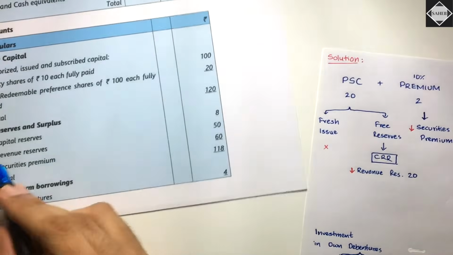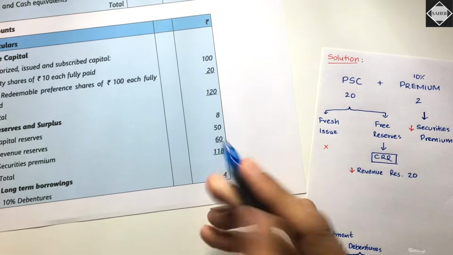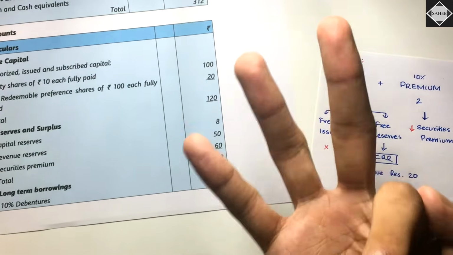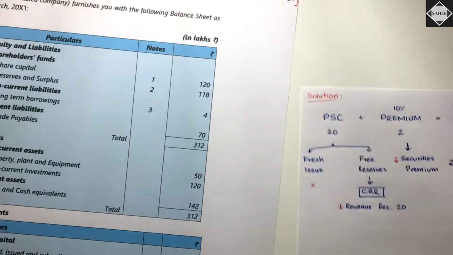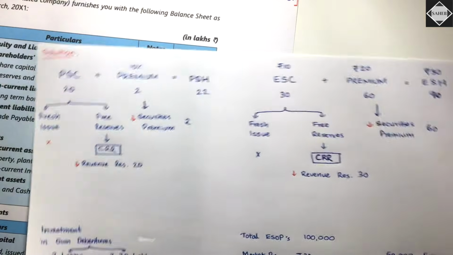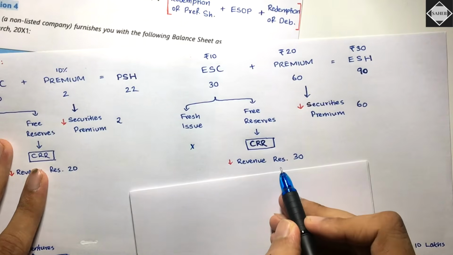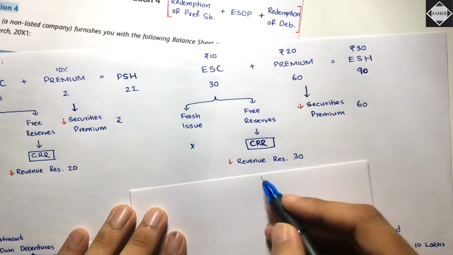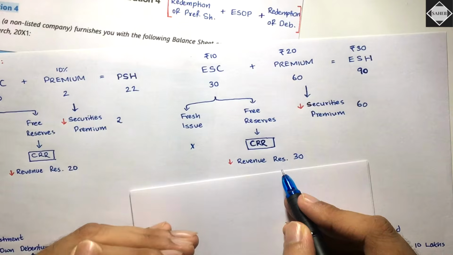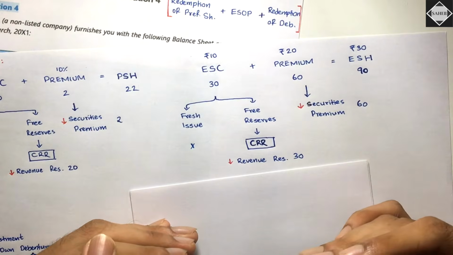So the remaining balance left in revenue reserve was how much? 50 minus 20, that's 30 lakhs. So only 30 lakhs was remaining, and that 30 lakhs we will utilize over here to create the CRR. Is it clear? Simple. So revenue reserve decreased by 30 and CRR increased by 30.